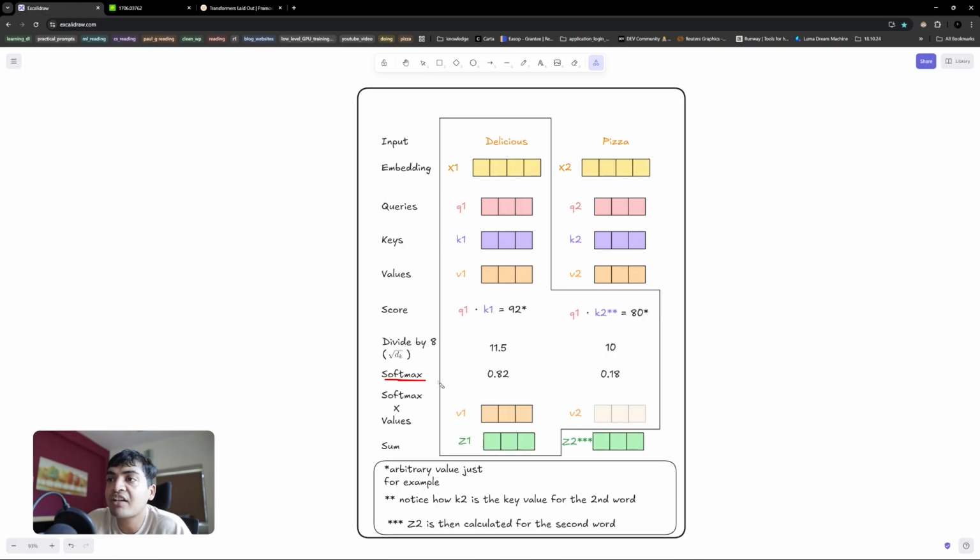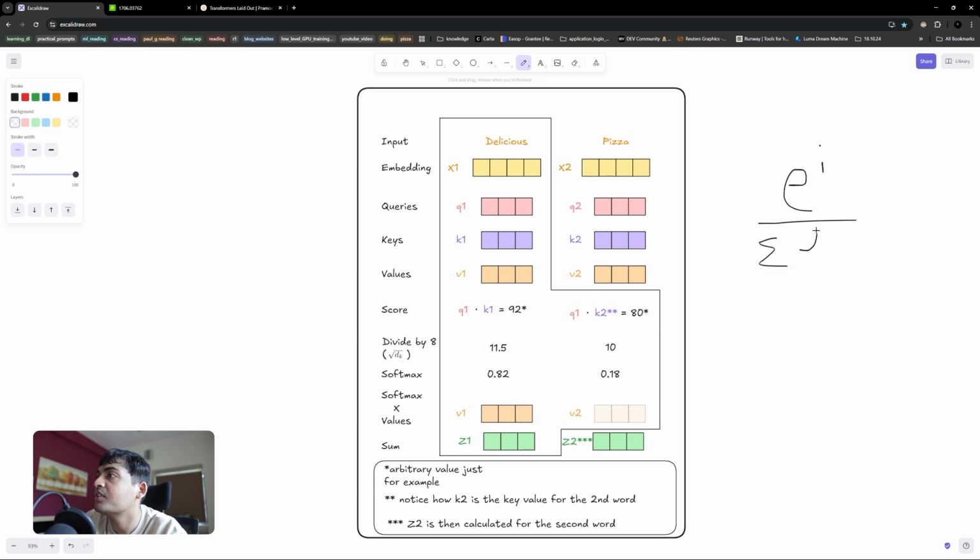We take the softmax of that. Softmax is a very interesting equation. It looks something like this. So let me write it. E is the Euler constant. e to the i, divided by the summation of e to the j, where j goes from 1 to n.